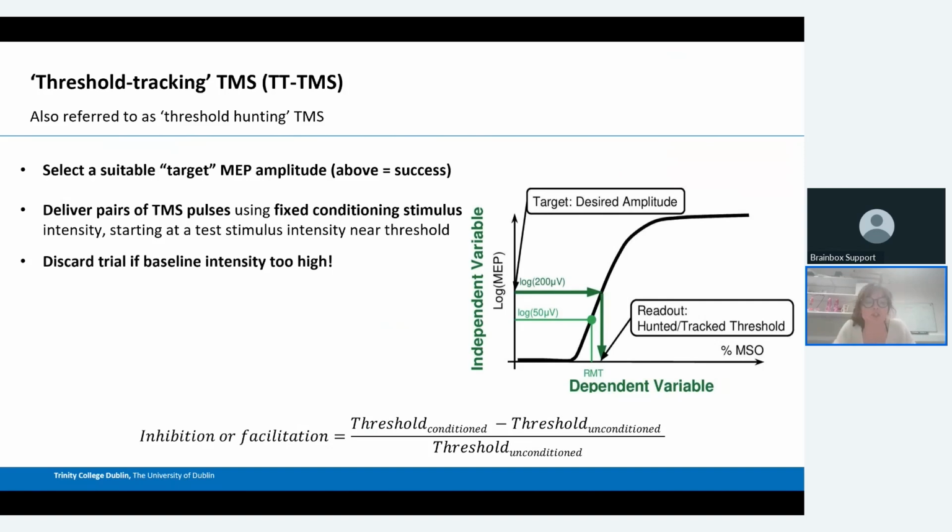In the case of threshold tracking, it's an online analysis. So you're constantly collecting the data and you need to immediately determine if you've got a success or a failure, i.e. was the MEP bigger or smaller than your target amplitude? And then you need to input that information into some kind of algorithm which will recommend what stimulus intensity to try next to be more likely to get to your desired probability of success, i.e. your threshold.